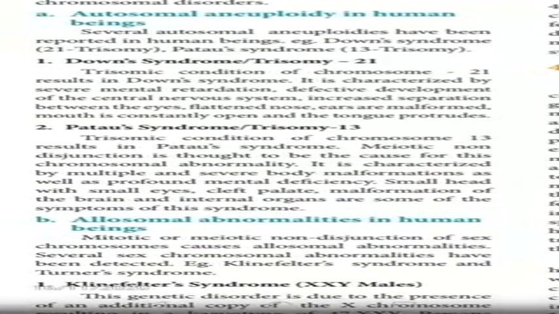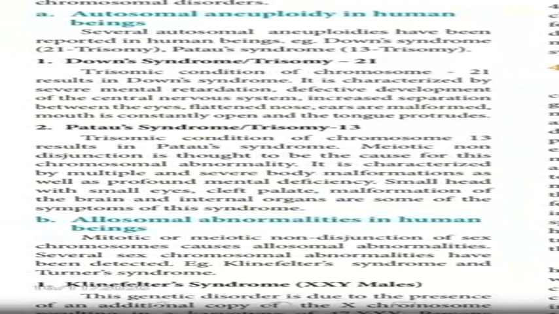Here are the human chromosomal abnormalities, and the autosomal aneuploidy in human beings. Down syndrome or trisomy 21. Trisomic condition of chromosome 21 results in Down syndrome. There may be a defect in chromosome 21, that is the cause of Down syndrome.